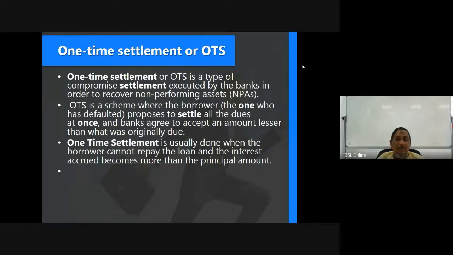So it's the same thing, a compromise settlement. One time means it completely settles everything, closes the account, closes the books. There won't be any claim thereafter. One-time settlement is usual when the borrower cannot repay the loan and the interest accrued becomes more than the principal amount. This principle sometimes applies.